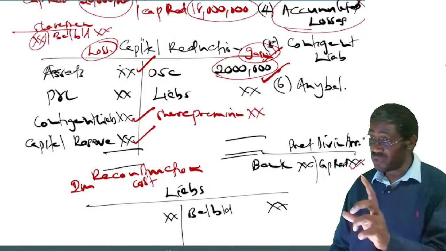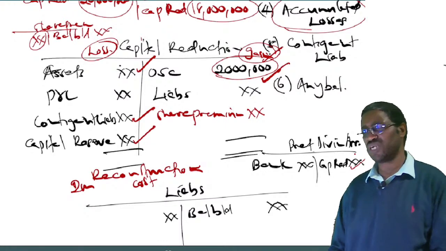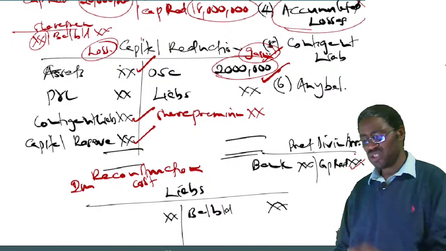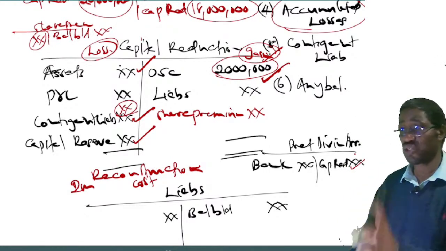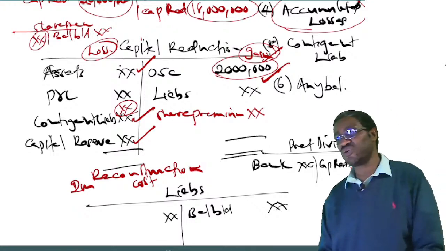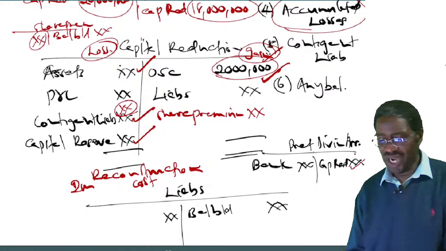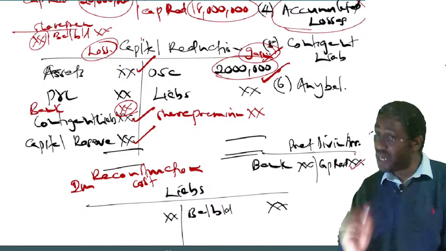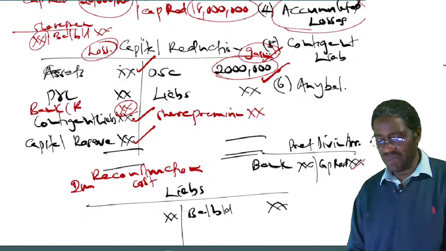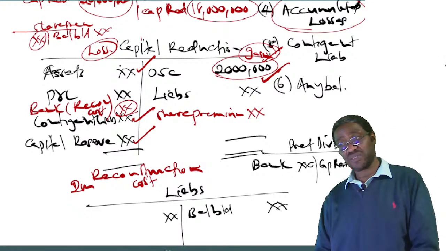And therefore, we agreed any loss that you make in the process of reconstructing a company, that loss should be debited in the capital reduction. So you will debit capital reduction with that amount of the reconstruction cost, and of course you will credit bank because you are spending 2 million shillings.